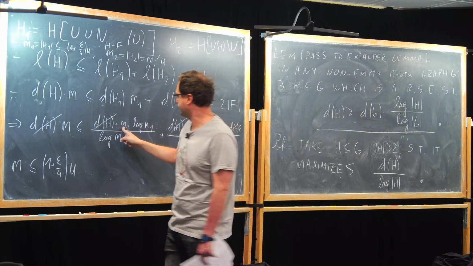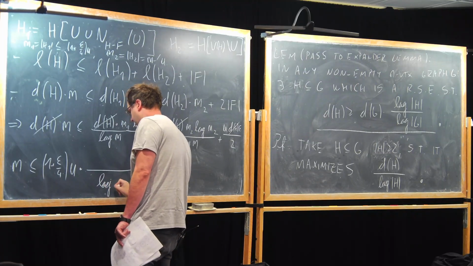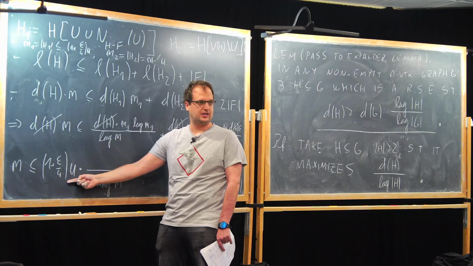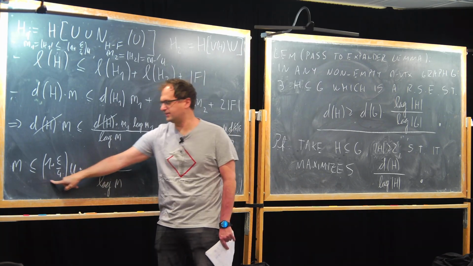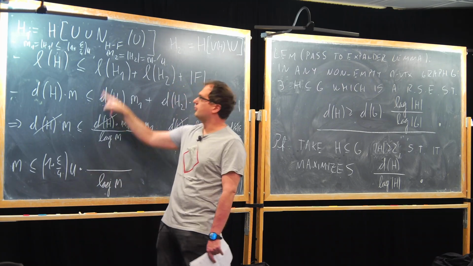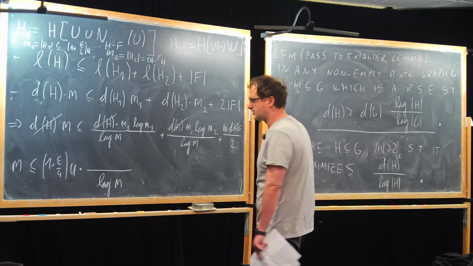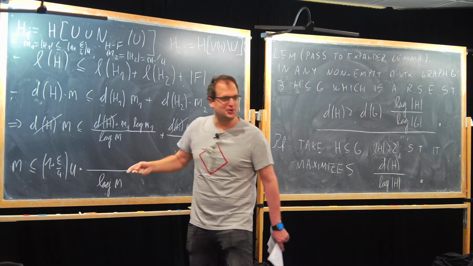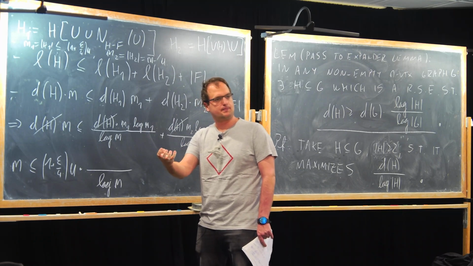So I plugged in what that is, times, so here we have this log m1, and it's again going to be a log of that, and a log of that is just a log of u plus the log of this, okay? And the log of u, because u is n to the 1 minus epsilon, is just, well, m to the 1 minus epsilon after the correction. So log of m to the 1 minus epsilon is 1 minus epsilon times log m.